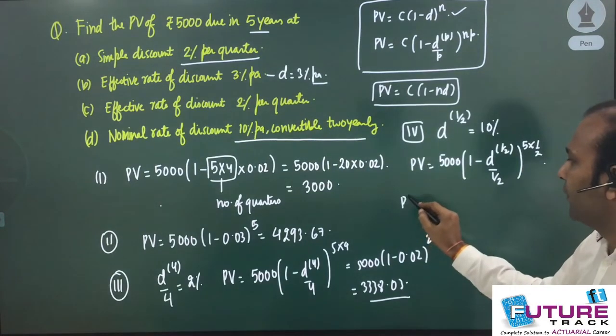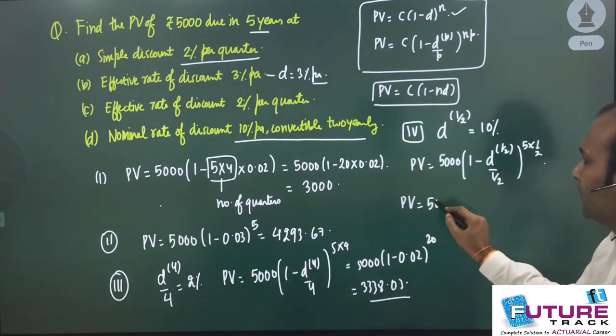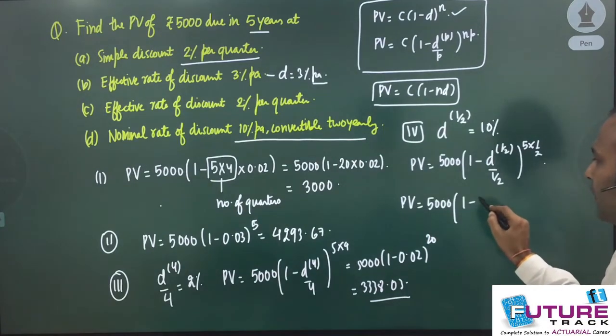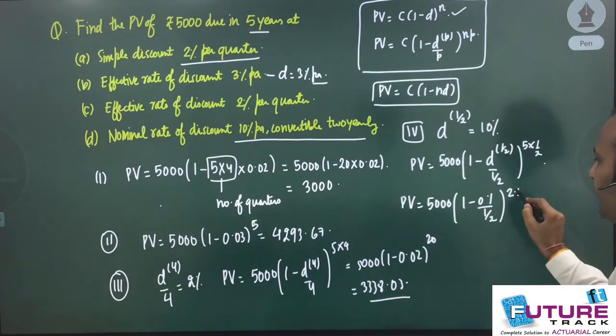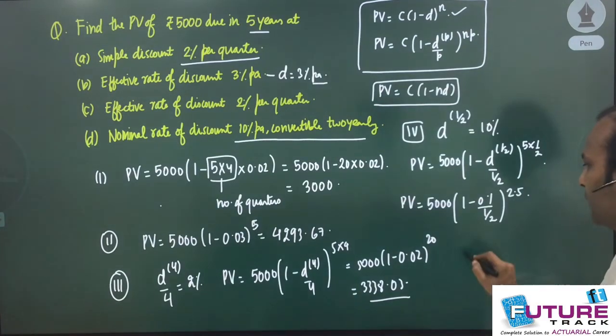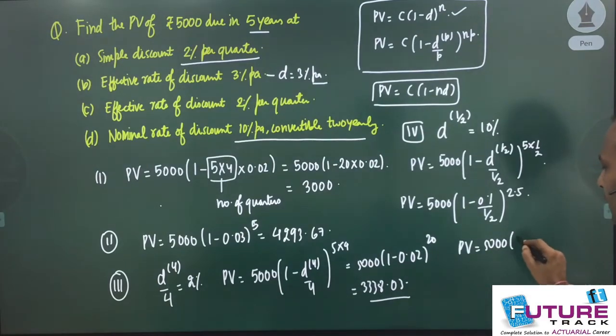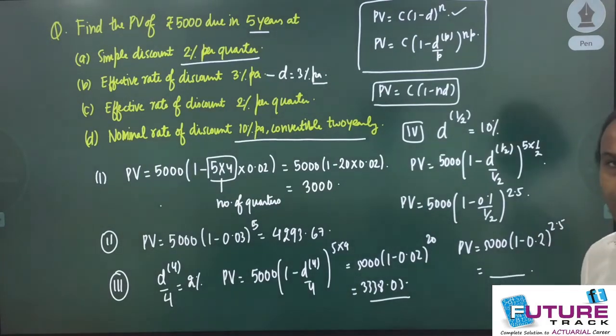So present value will be 5000 (1 minus 0.1 divided by half) raised to power 2.5. So present value will be 5000 (1 minus 0.2) raised to power 2.5. You can calculate this value.